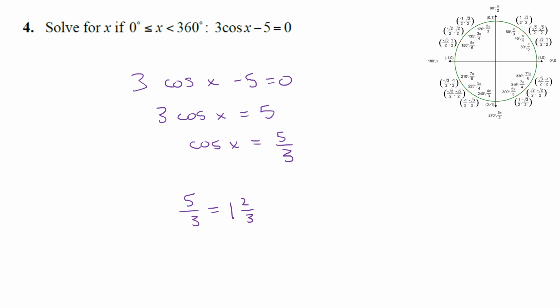And this value is greater than 1. So there actually won't be any angle measurement that has this value on the unit circle. So there's no solution because cosine x cannot be greater than 1.